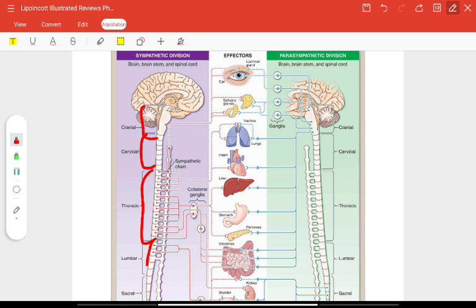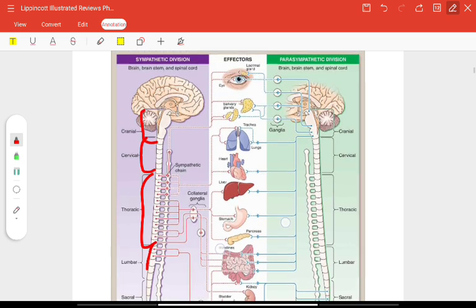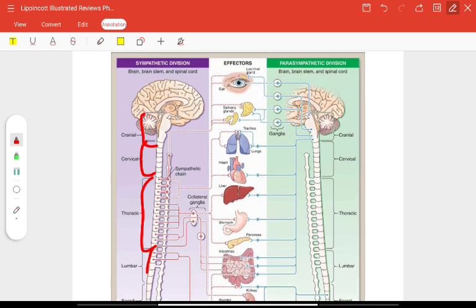Now the thoracic region mainly regulates the sympathetic chain for our eyes, salivary glands, then lungs, heart, liver. Our lumbar region regulates bladder, kidneys, reproductive organs, and it is similar for both. The regions are the same. Now the effect is different, opposite. Sympathetic and parasympathetic both have opposite effects.